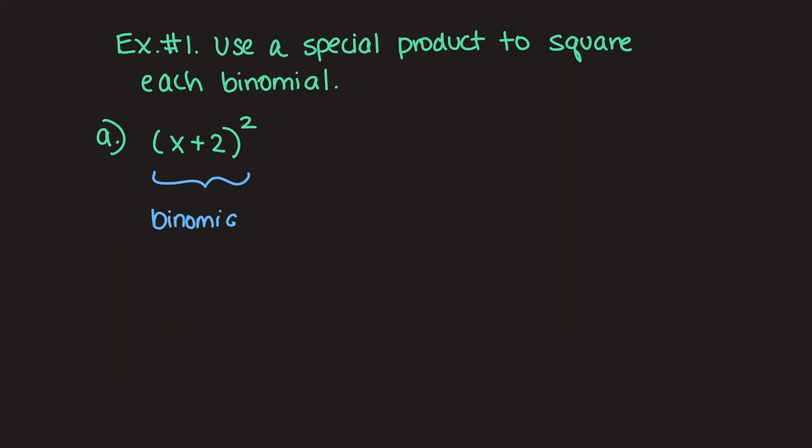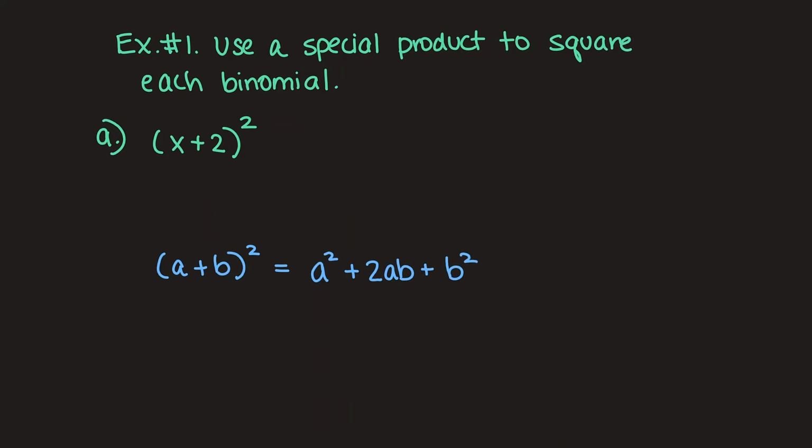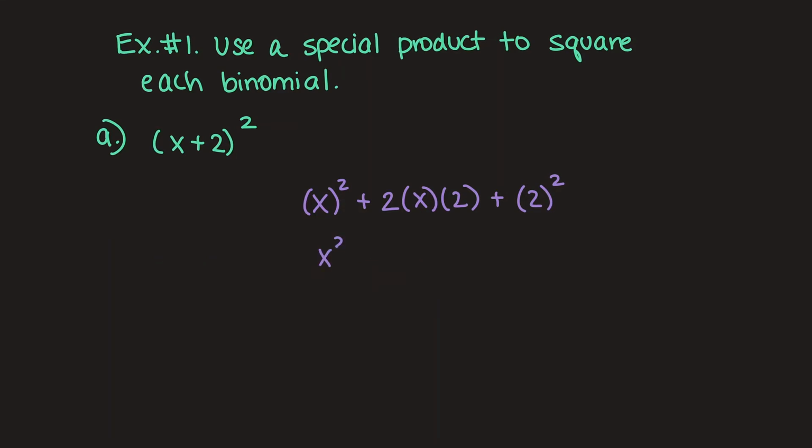Since this is a binomial squared of the form a plus b quantity squared, our answer will be the first term squared plus twice the product of the two terms plus the second term squared. So we take x and square it, then multiply the product x times 2 by 2, and then we take 2 and square it. Simplifying this gives us x squared plus 4x plus 4.